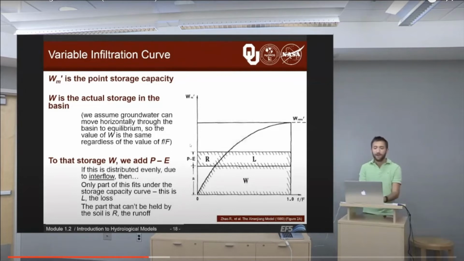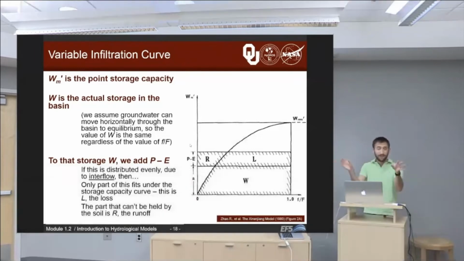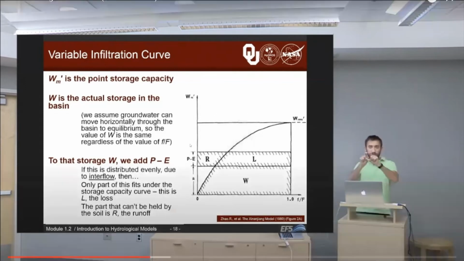We know that it's also going to be distributed evenly, because we have interflow, which allows the water to go anywhere it wants horizontally fairly easily. That P minus E is also flat, just like W was.